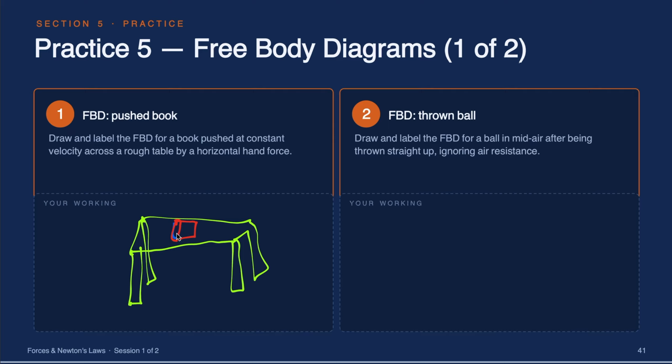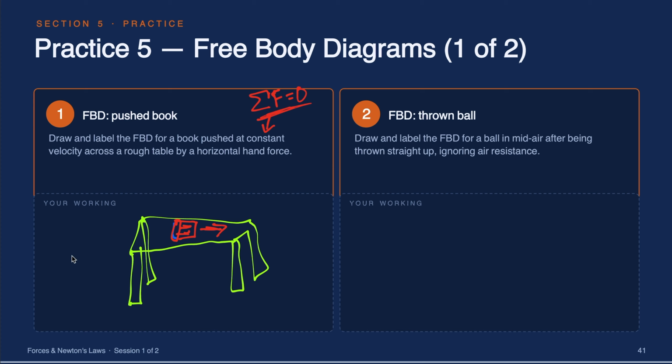And it's being pushed at a constant velocity across a rough table by a horizontal hand force. If it's a constant velocity, remember what that means, right? That means net force is equal to 0 because it's not accelerating. And if it's a constant velocity, that means acceleration is equal to 0. Run over to Newton's second law.